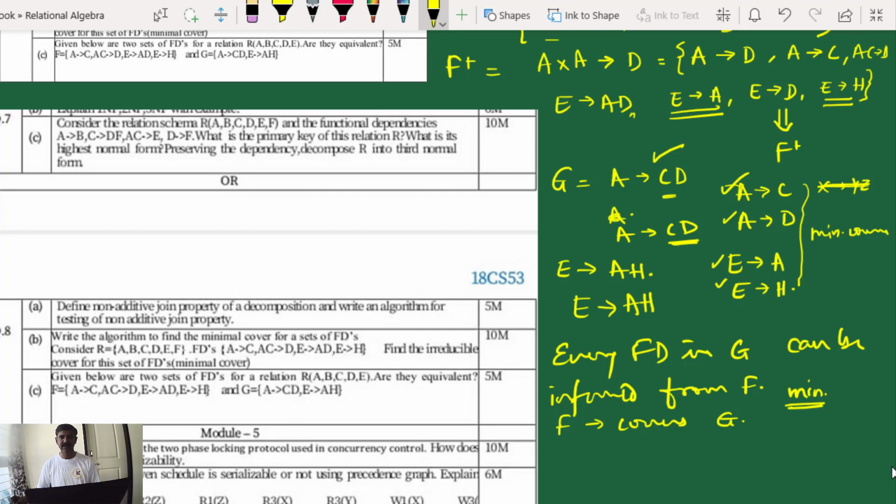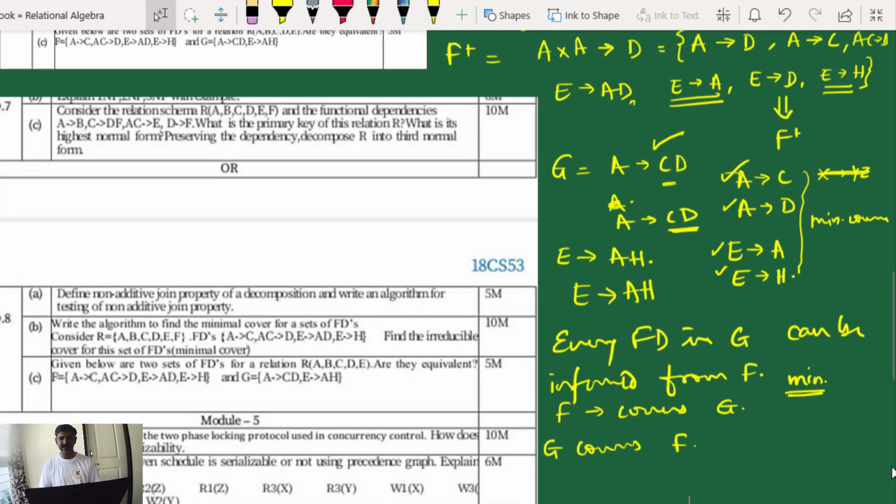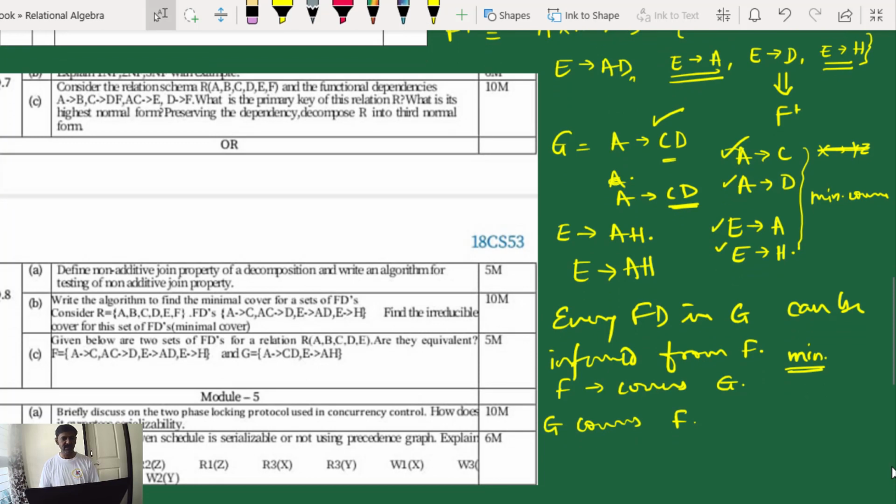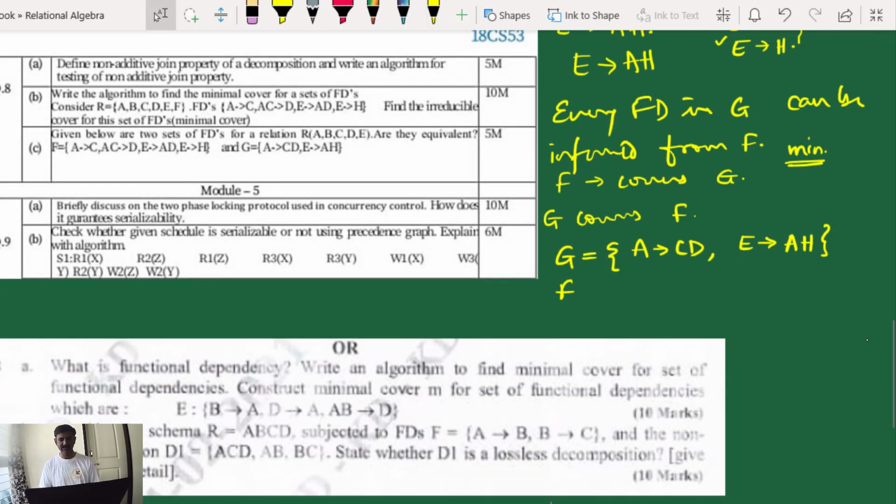Clear now? Hopefully yes. Now we have to prove that G covers F if G and F are equivalent. So what is given to us in G? We have to write down first. So we know that G has A arrow CD and E arrow AH. And for further clarity, let me write down F also.